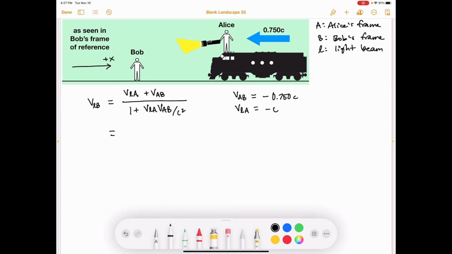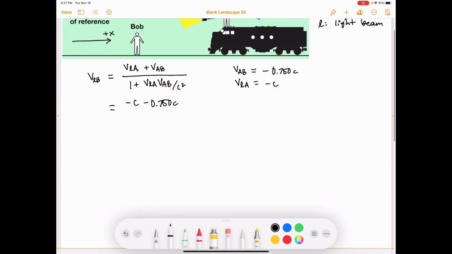Okay, so let's plug that into our equation here. VLA is minus c. VAB is minus 0.750 c. We're dividing that by 1 plus VLA, that's again minus c, times VAB, that's minus 0.750 c, and we're dividing that by c squared. So here, what do we have on top?